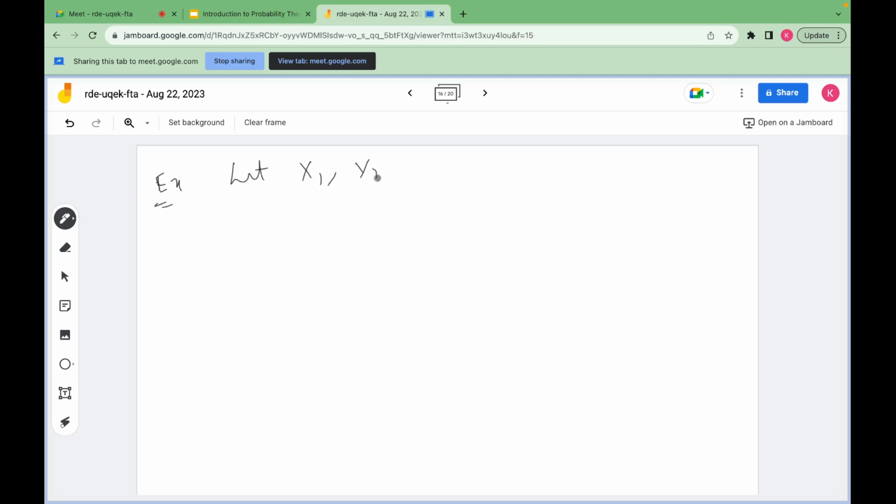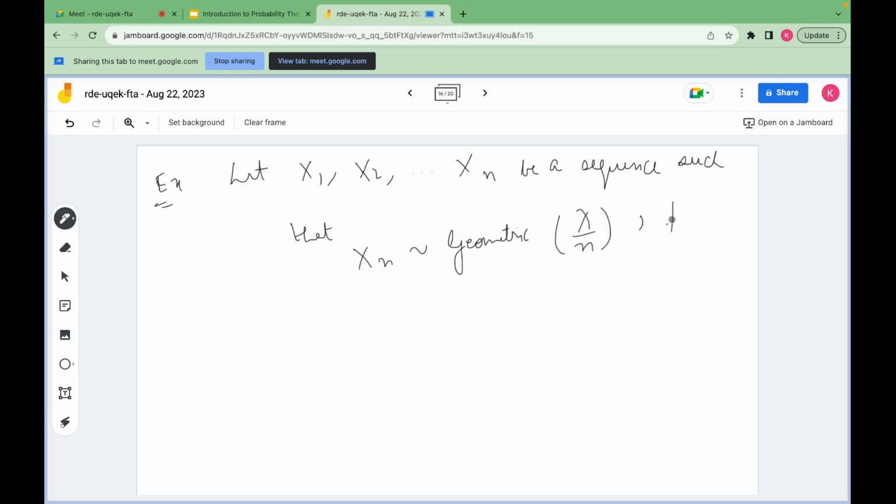So this example: let x1, x2 till xn be a sequence such that xn is a geometric distribution with parameter lambda by n for n equal to 1, 2 and so on, and lambda is greater than 0.